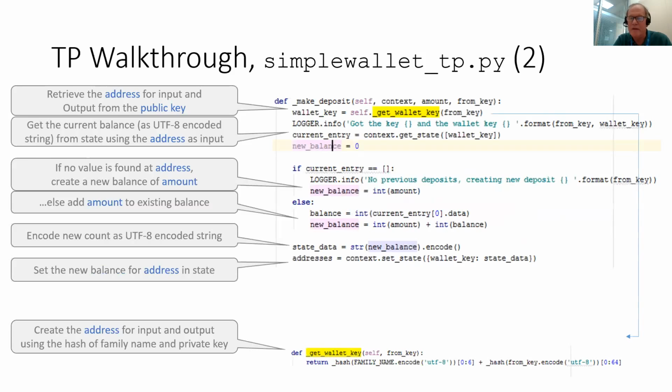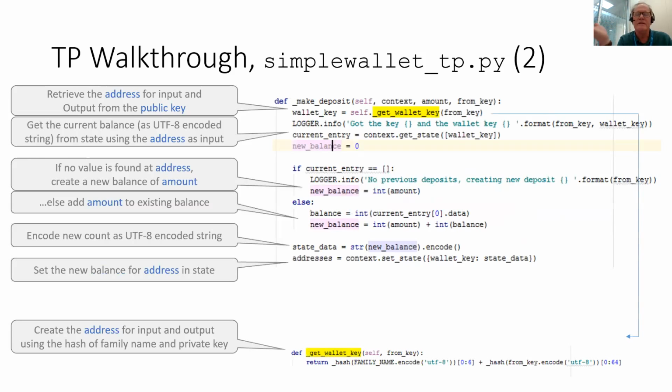And that would be printed out if you have debugging enabled with the -v option. The current entry is the current value in global state. So it reads global state using the wallet key. This wallet key is a hash of the public key and the prefix.